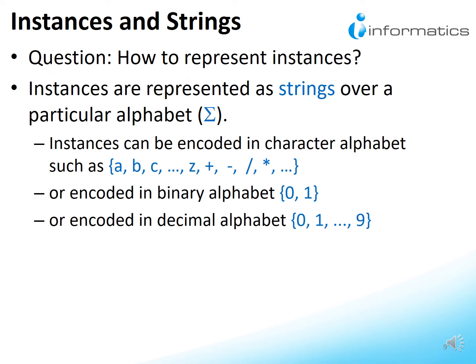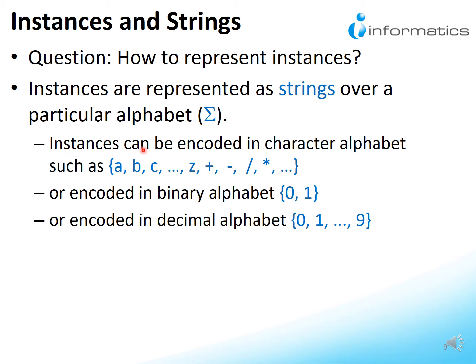Now we agree that a problem is a set of instances. How to represent instances? It turned out that we can use the most general data structure, strings. So, an instance can be represented as a string over a particular alphabet, sigma.